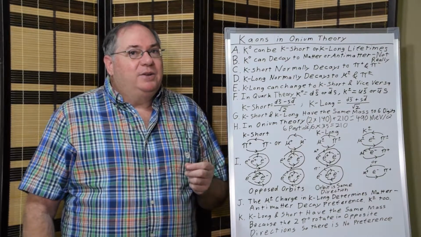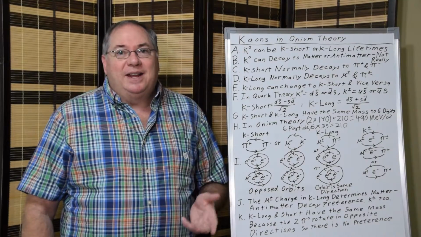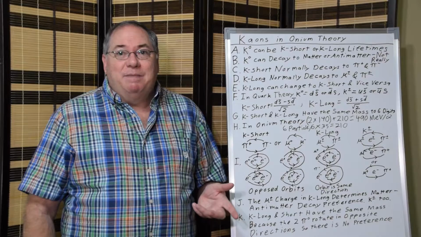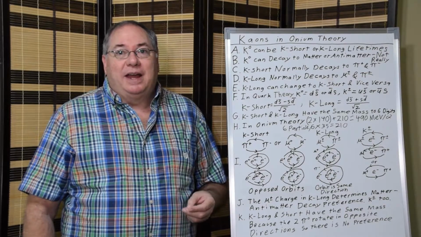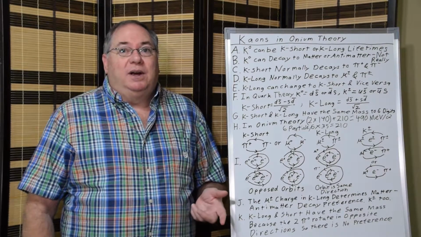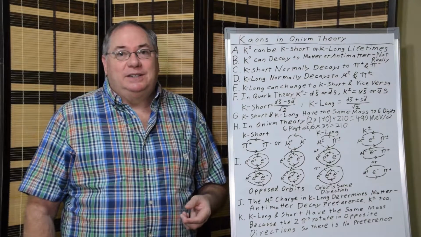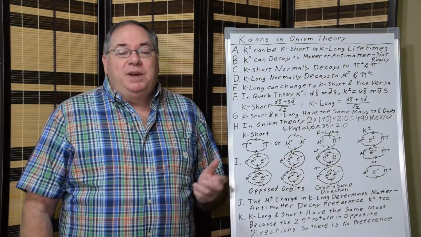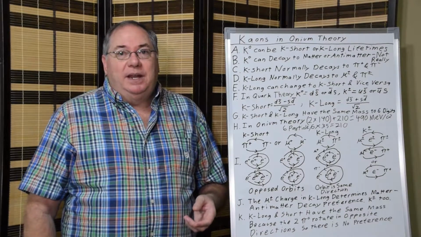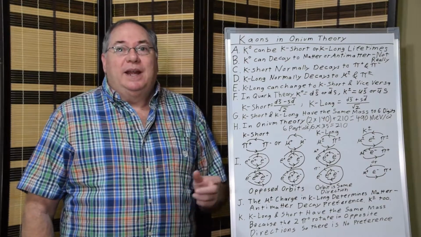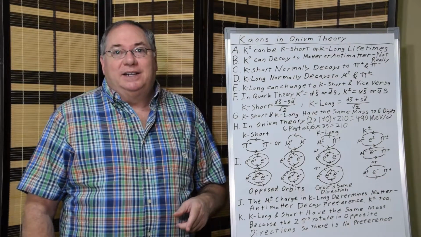And then there's also the issue that they don't actually exist. There isn't an actual matter K naught or antimatter K naught. What there are is the K short and K long. Those are the ones that really exist. And then briefly, the charged kaons are said to be an up quark and an anti-strange, or the anti-up and a strange.